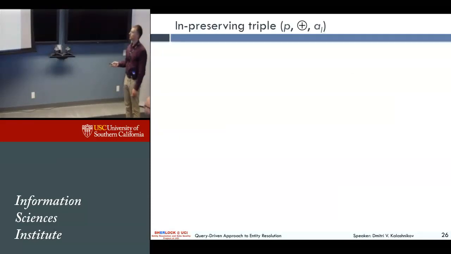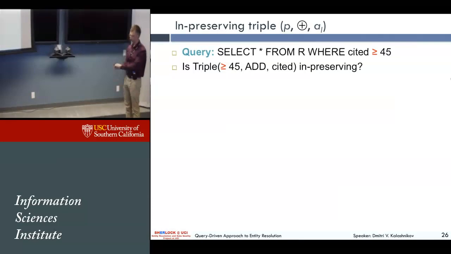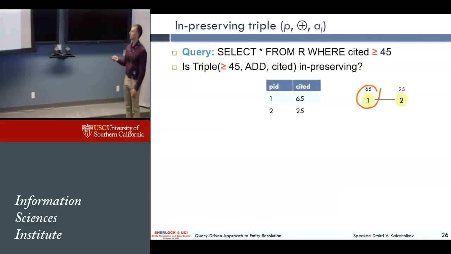So an example of an in-preserving triple. You have a triple like this: citations above 45, with additive semantics on the cited attribute. So is it in-preserving or not? In this example, you have a paper with citation 65.